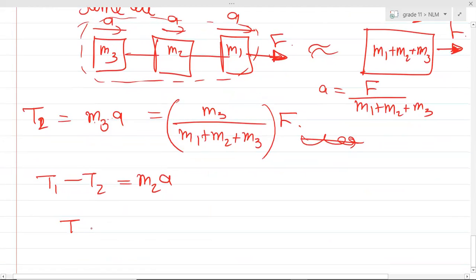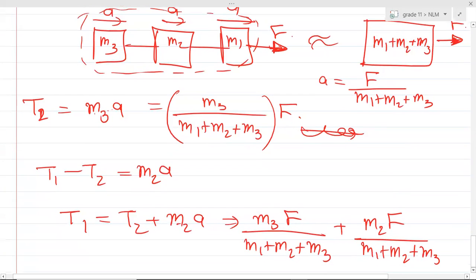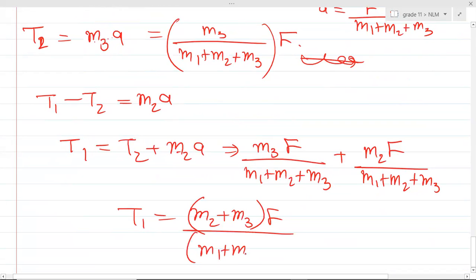So I can have T1 is equal to T2 plus M2 into A, which will be equal to, what is T2? T2 is M3 into F upon (M1 plus M2 plus M3), plus M2 into A. So can you see from here, guys? T1 will be equal to (M2 plus M3) into F upon (M1 plus M2 plus M3).